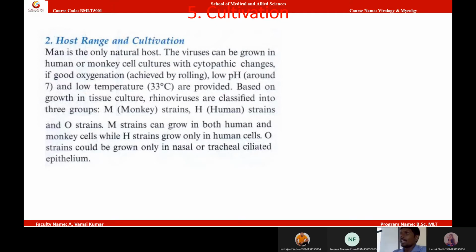Then second point, the virus can also be cultivated in human nasal or tracheal culture.